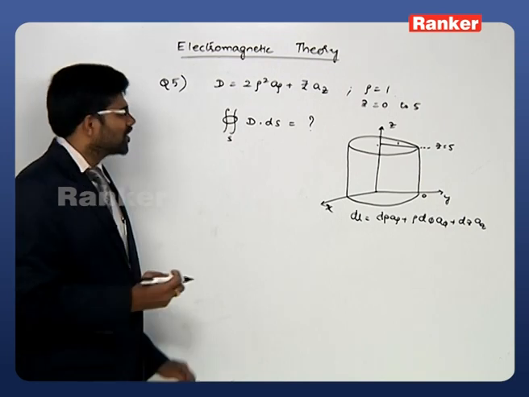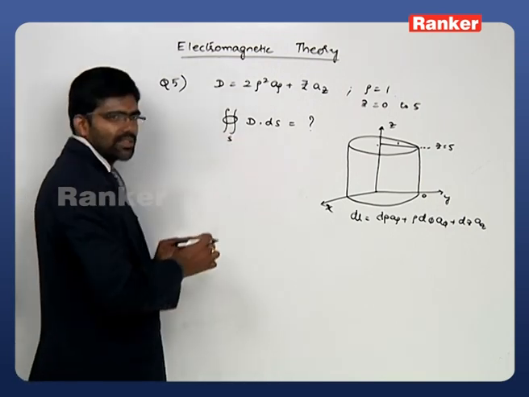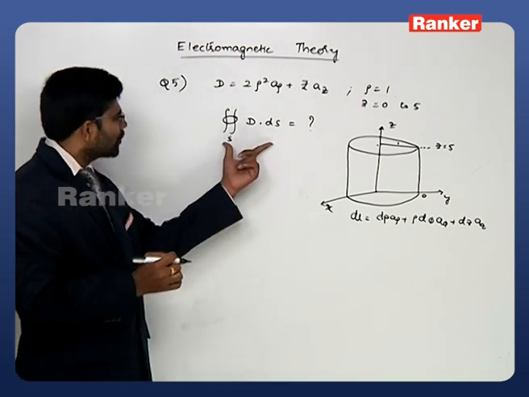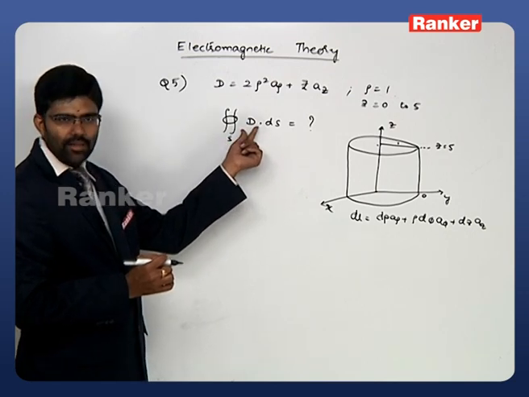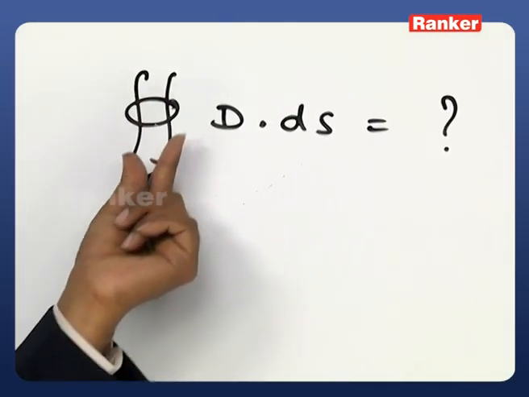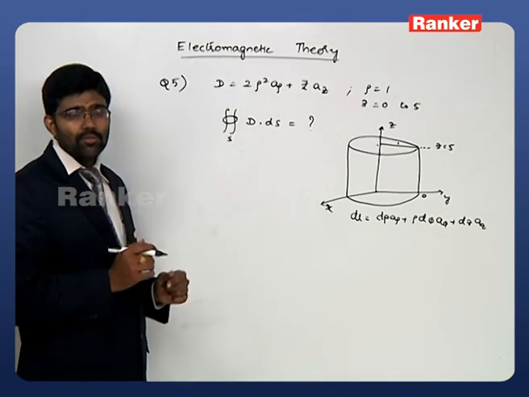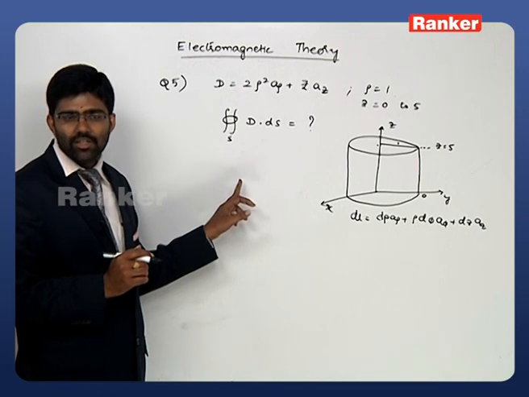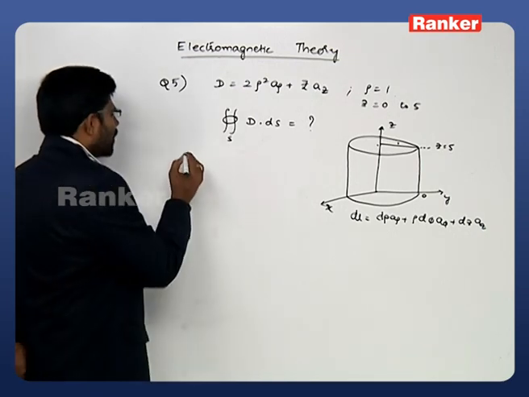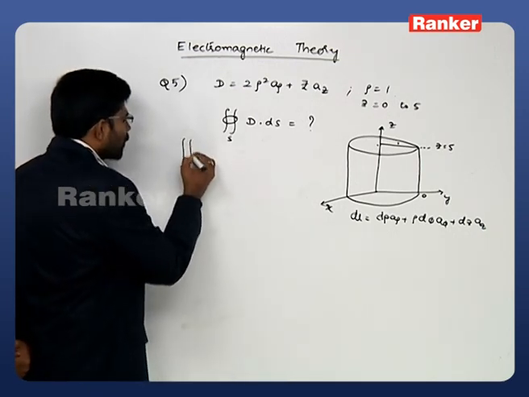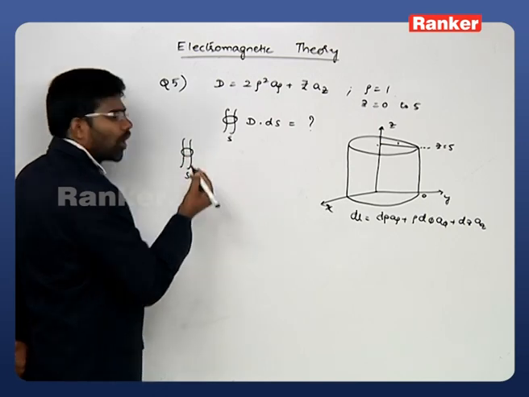For that, just observe what quantity is given to us. Here we need to calculate the surface integral of this quantity, and this surface is a closed surface. Since it is a closed surface, we need to recollect a few theorems related to closed surfaces, right? So recollect our divergence theorem. Any closed surface integral can be related to a volume integral.